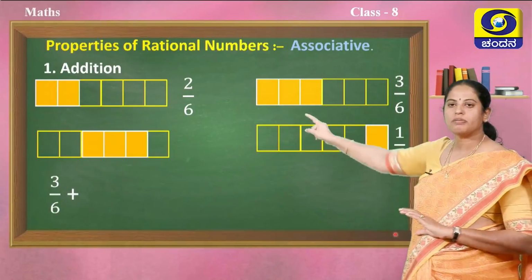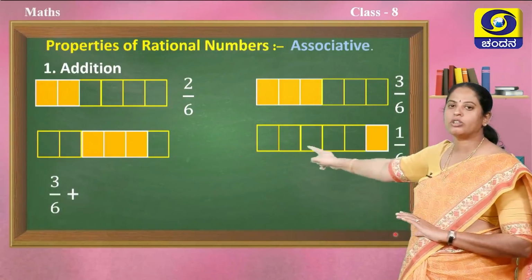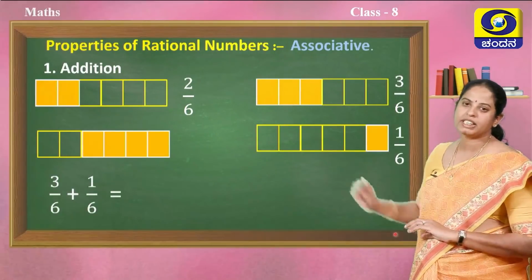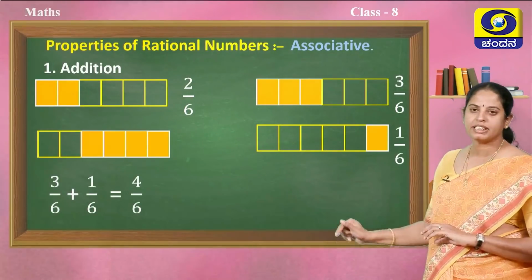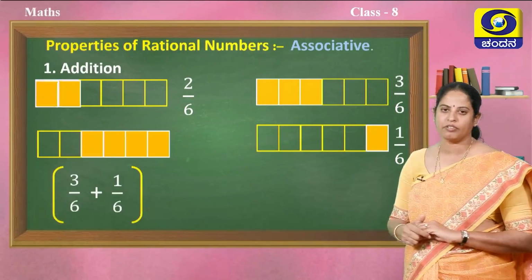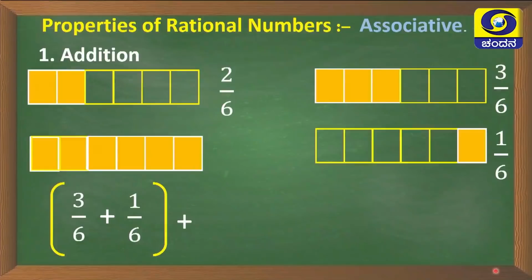Okay. So, 3/6 you know. Now, I am going to add 1/6 to 3/6. Since the denominators are the same, it is 4/6. For 4/6, I am going to add 2/6 now. So, when 2/6 is added to the sum, we are getting 6/6, that is one whole thing. Okay.